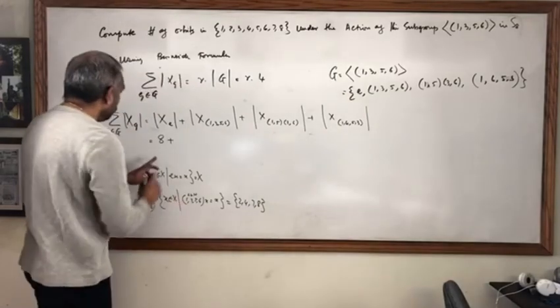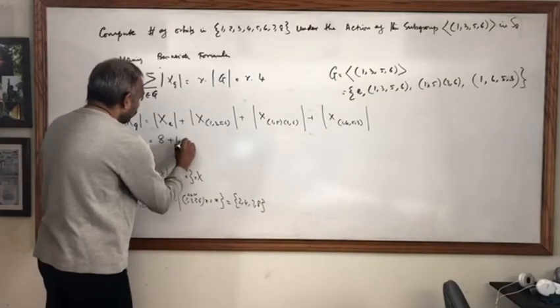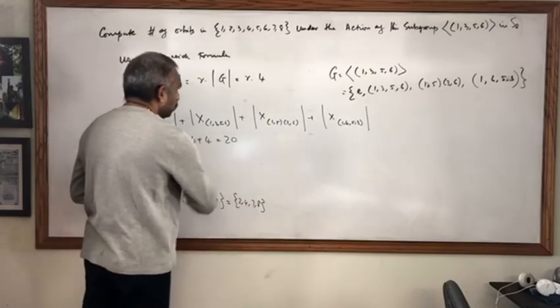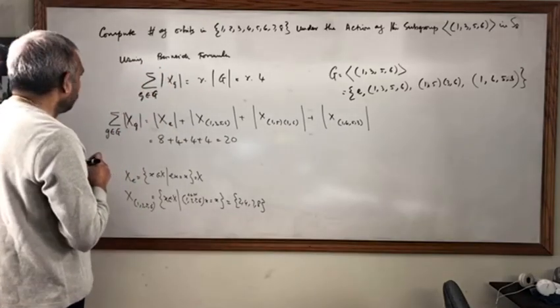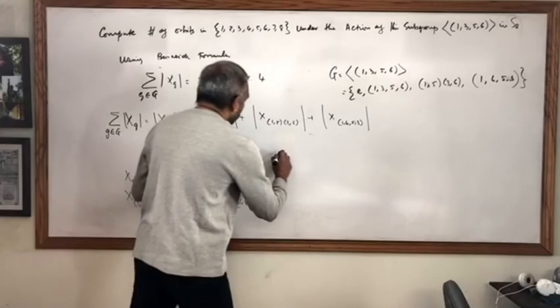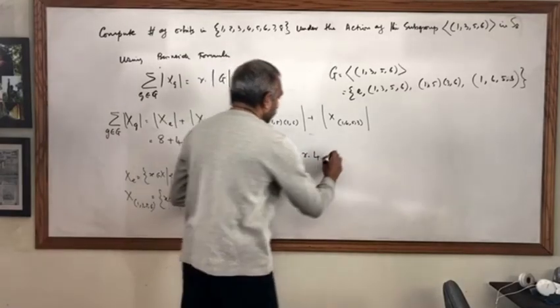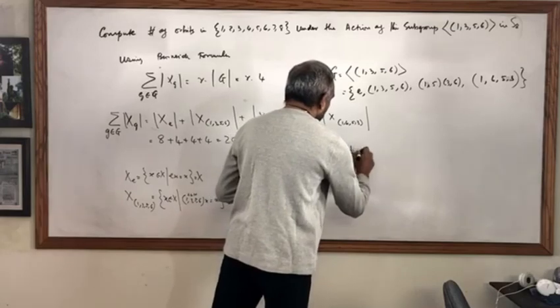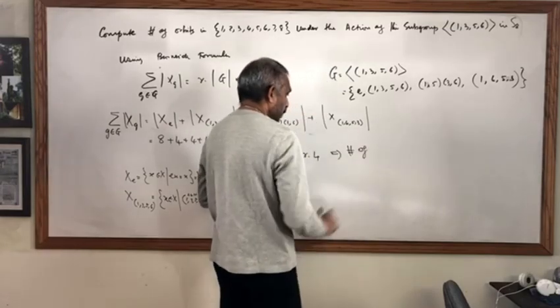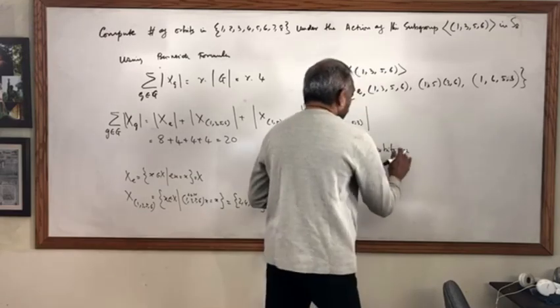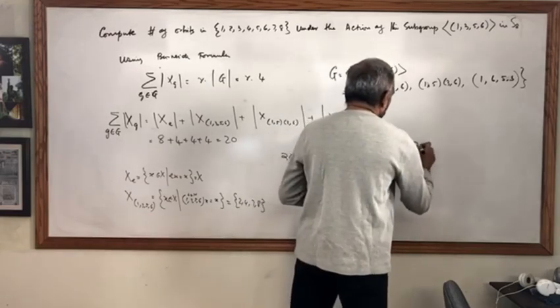So this is going to be 4 plus 4 plus 4, and that is 20. So 20 equals r times 4. That implies the number of orbits is equal to 20 by 4.